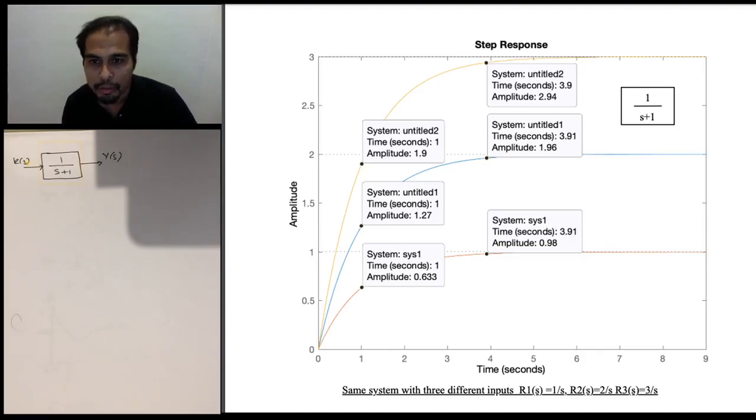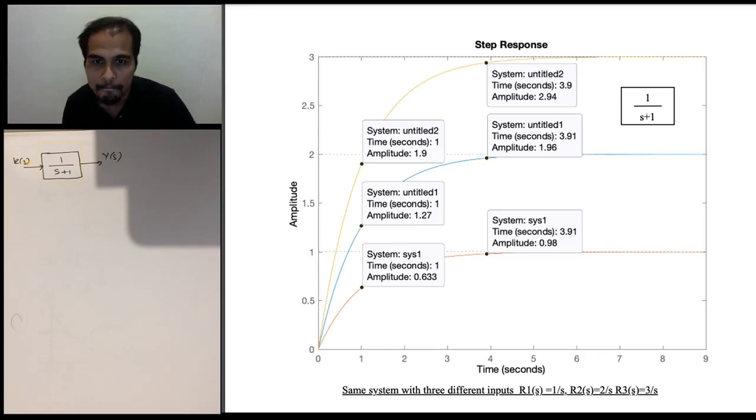In the slide, one curve is the response to the input 1 over s, the blue one is the response to 2 over s, and the yellow one is the response to 3 over s.